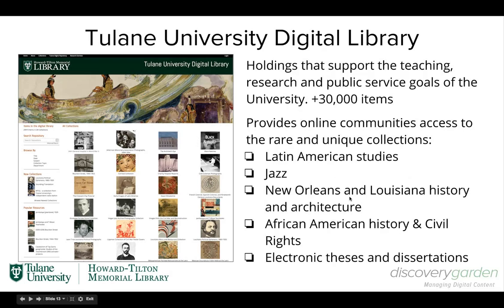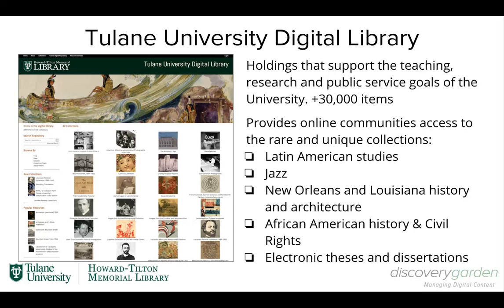So here is a screenshot of our digital library page. We had close to 40 collections that existed in CONTENTdm, which covered a great variety of materials. We have Latin American studies at Tulane.